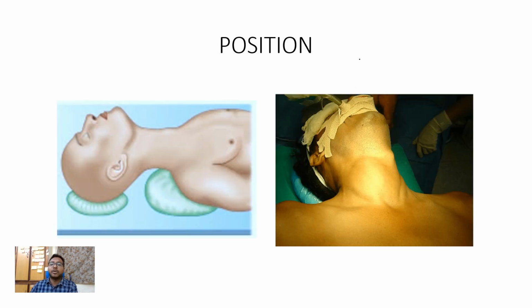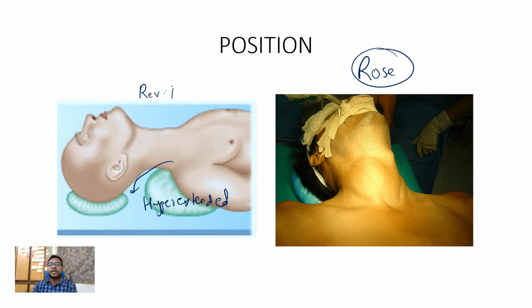Coming to position, I told you it is nothing but Rose position, where the neck is hyperextended. Both head and neck are hyperextended, and we will keep the patient in reverse Trendelenburg 30 degrees, head up.